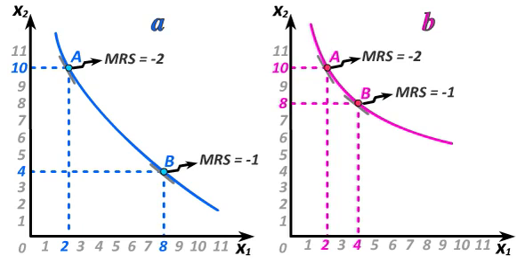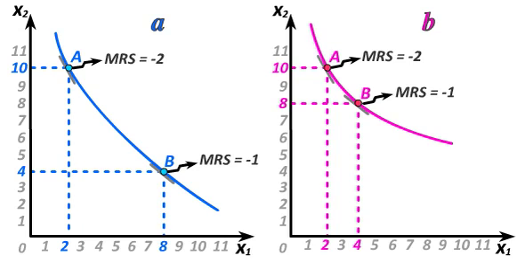Notice what we're really saying when we say that the percentage change in the ratio of x2 over x1 is large or small. If it's large, it means that we've moved a long distance along an indifference curve to get from one bundle to the next. If it's small, it means that we've moved a small distance.